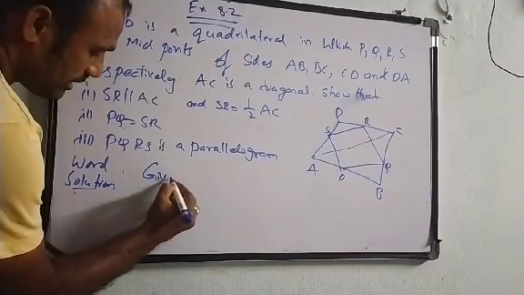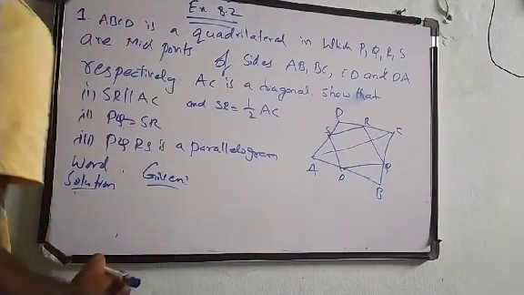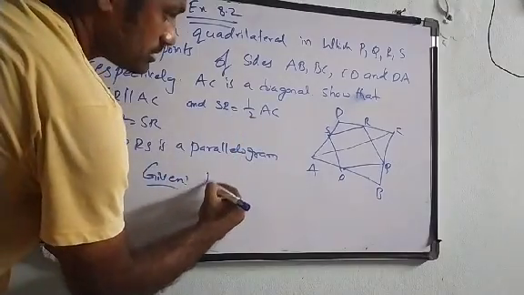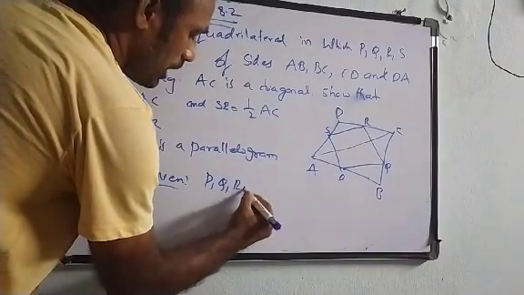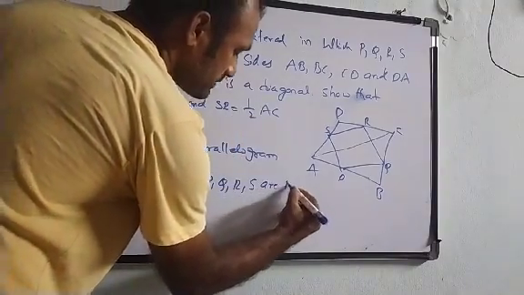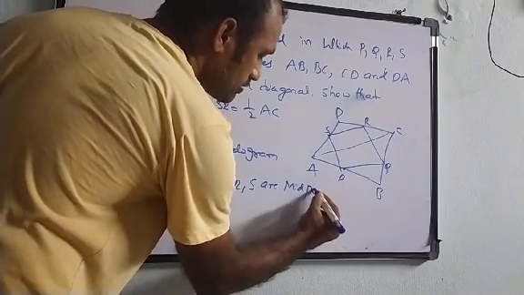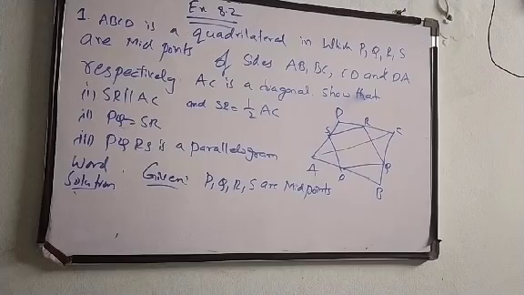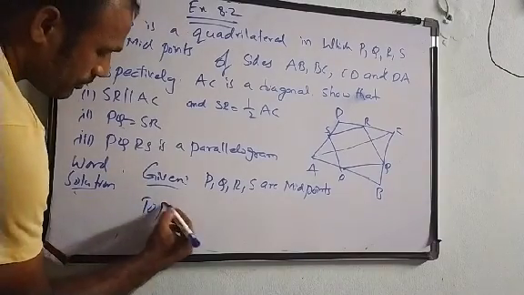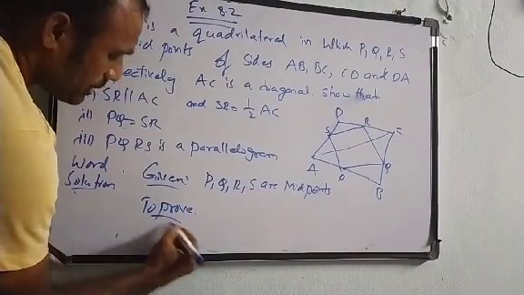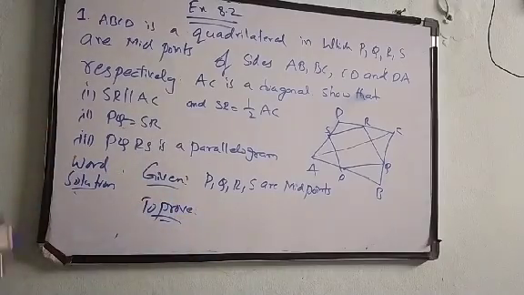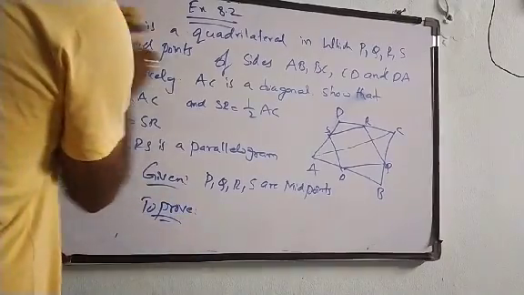First let us write what is given. P, Q, R, S are midpoints. To prove, we need to mention all these three. Let us start the proof.